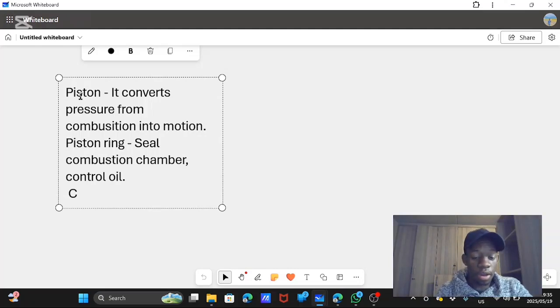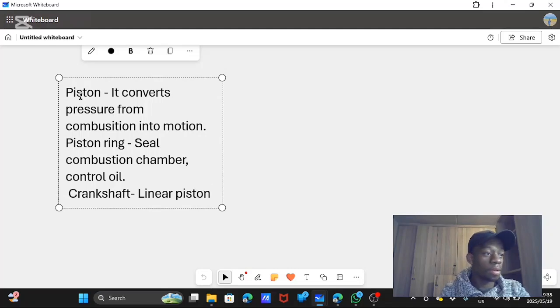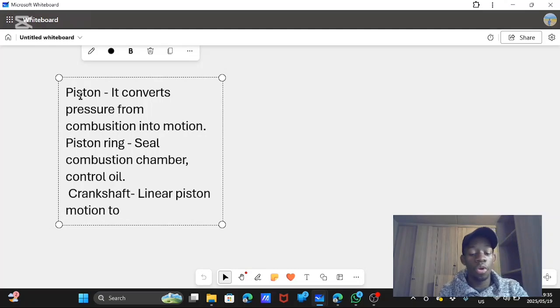Crankshaft. It converts linear piston motion to rotary motion.